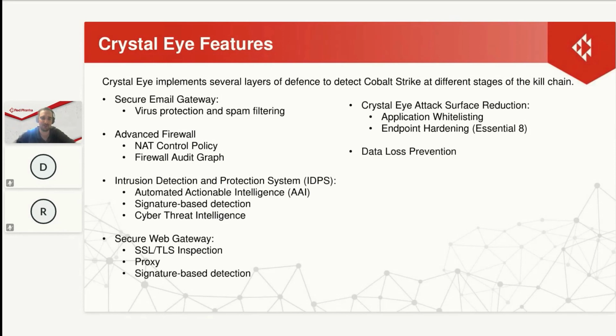Obviously, we've got advanced signature-based detection methods, so we can detect certain known IOCs as well as potentially dynamic IOCs. And as Damien already mentioned, we have a pipeline of cyber threat intelligence, such as the Cyber Threat Alliance.